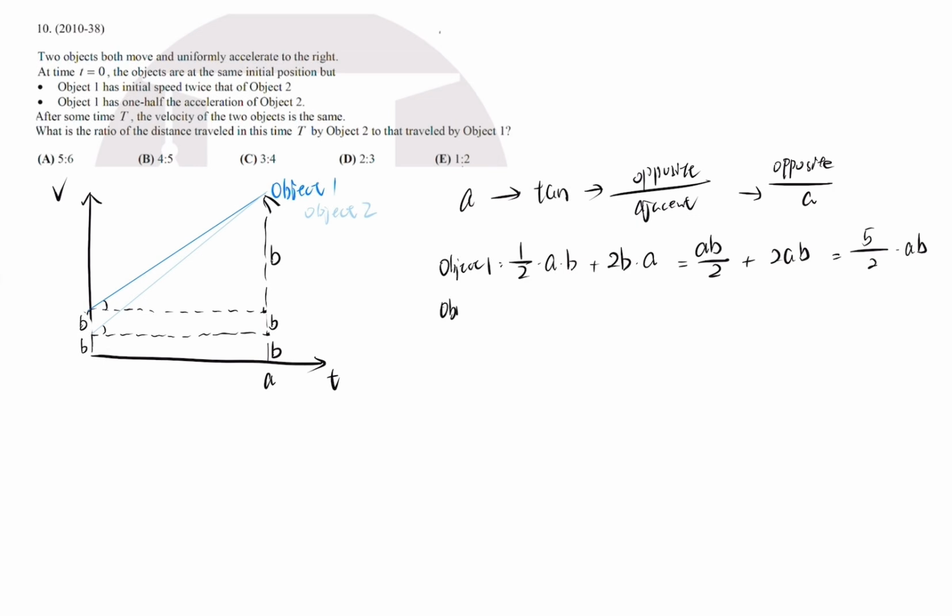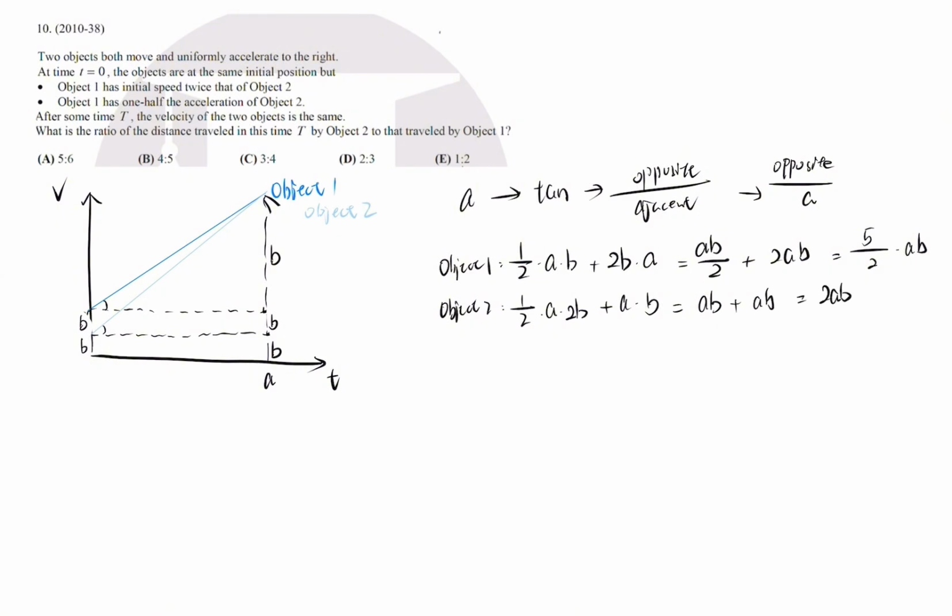And for object 2, it's also the area of a triangle plus the area of a rectangle. It's going to be 1/2 times A times B, plus A multiplied by B. This is going to equal AB plus AB, which is 2AB.